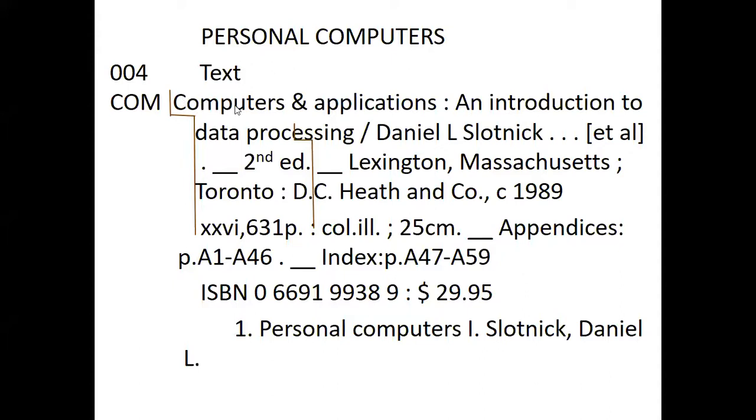The title is computers. So C-O-M comes from what has taken the heading. I hope Alifa have properly answered you. Slotnik did not take the heading there. Therefore, Slotnik cannot be the book number.